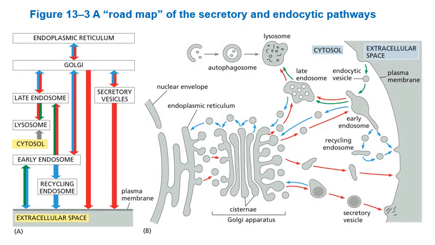So in this picture here, this is the overall map for secretory and endocytic pathways. So this is telling you about exocytosis and endocytosis when you talk about vesicles. Okay, so what is going on here?